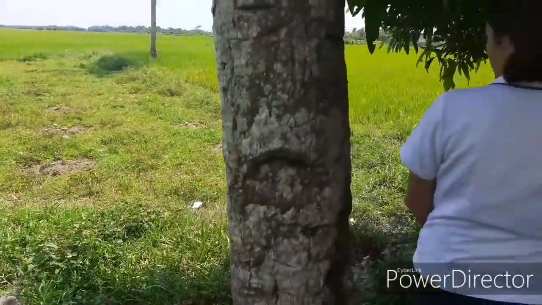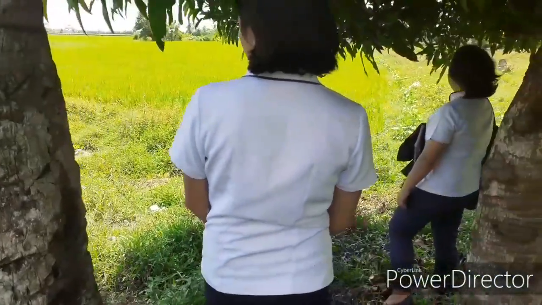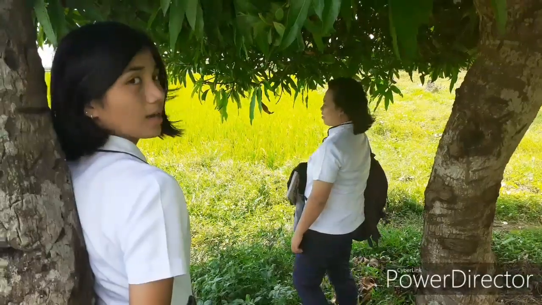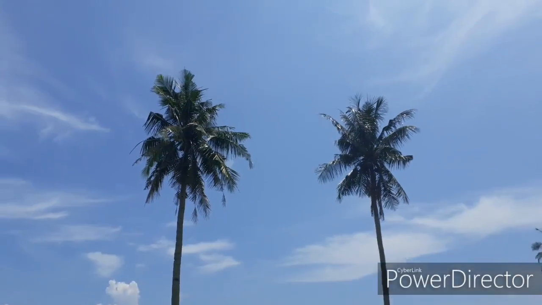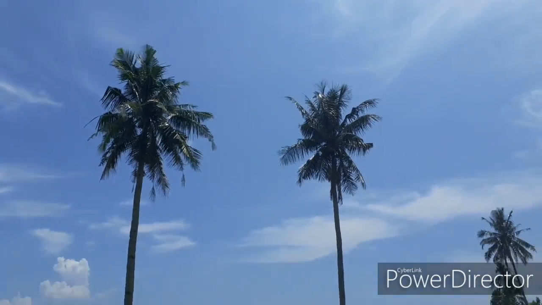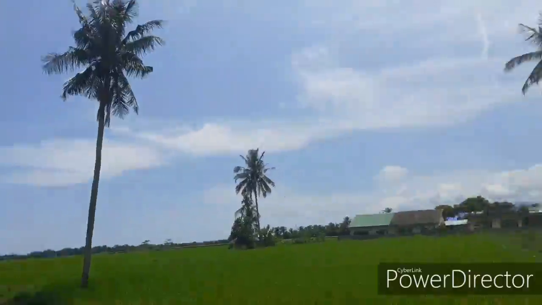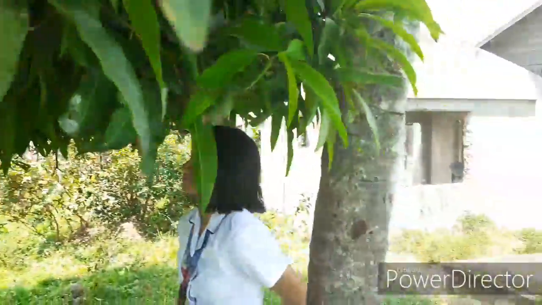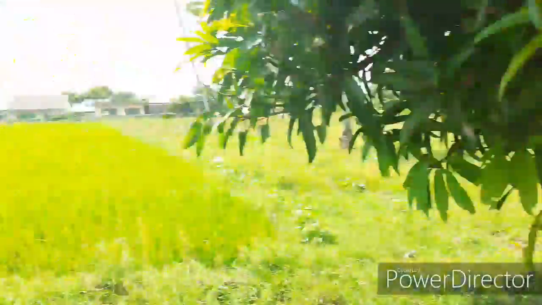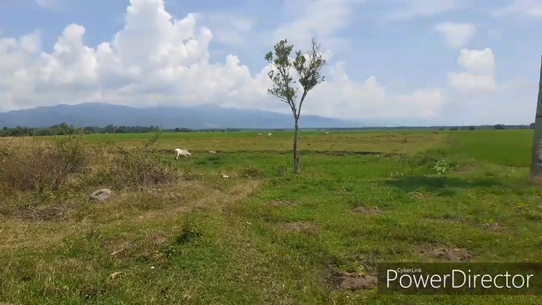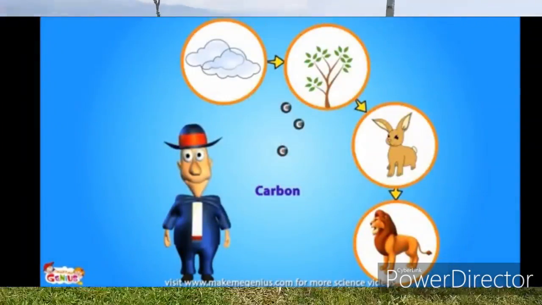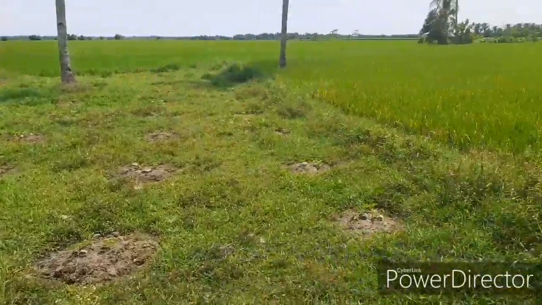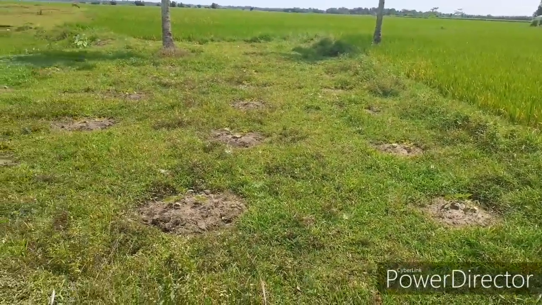So how does the carbon move from the atmosphere to the living things and back? How? Plants breathe in the carbon dioxide to make food.